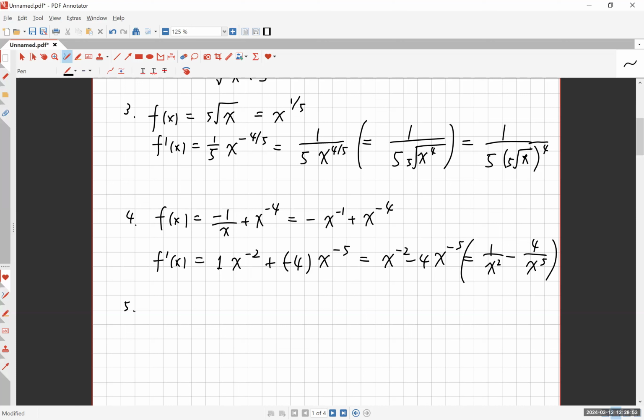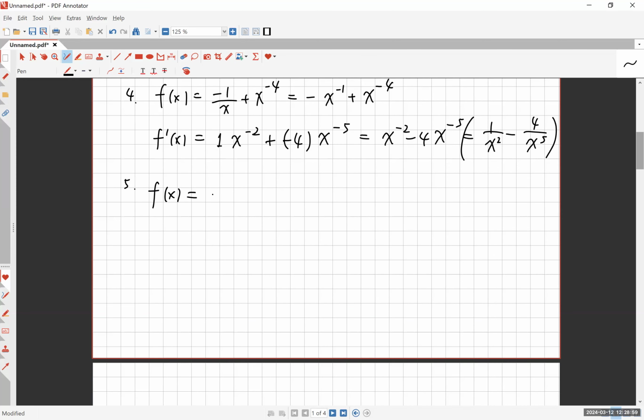All right, number 5. We move on to trigonometric functions. f is cosine of 3x plus pi. So f prime is negative sine. Remember, the cosine becomes negative sine of the blob. And then you multiply this by the derivative of the inside function. What am I talking about? The chain rule, of course.